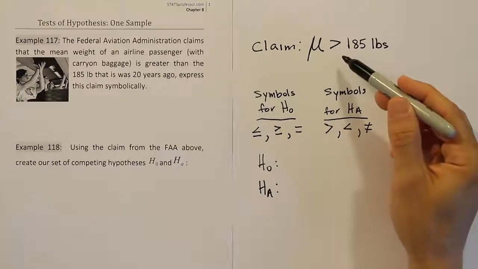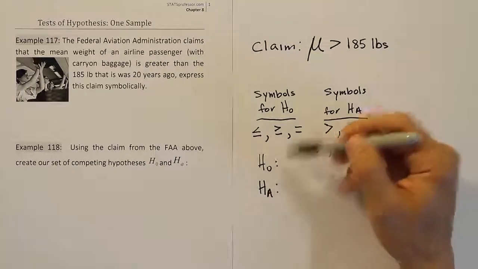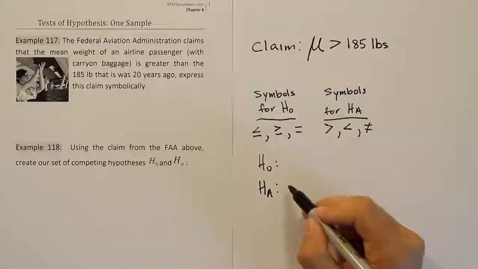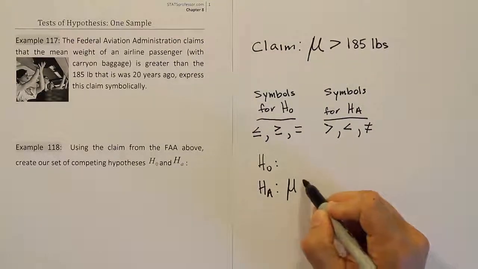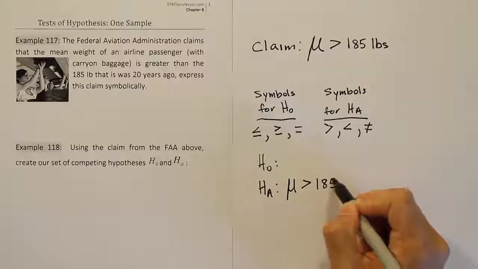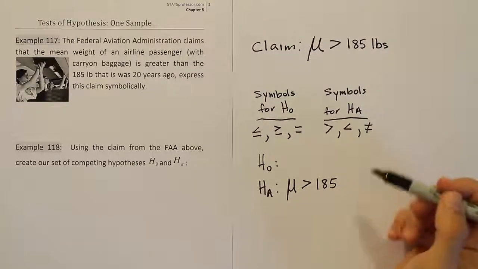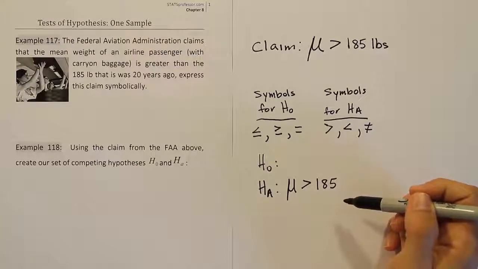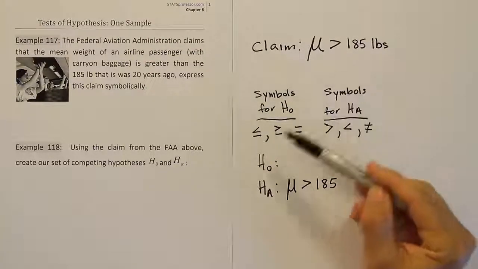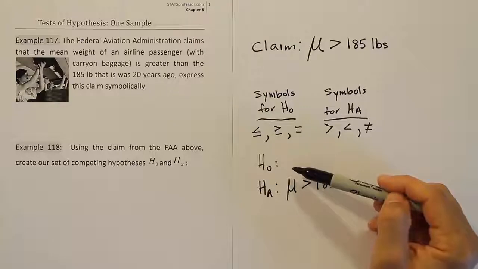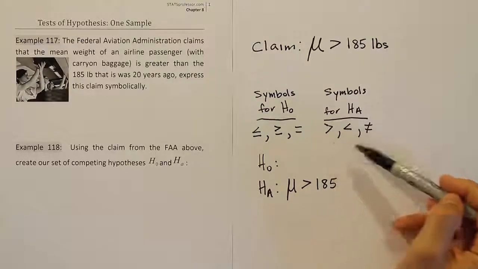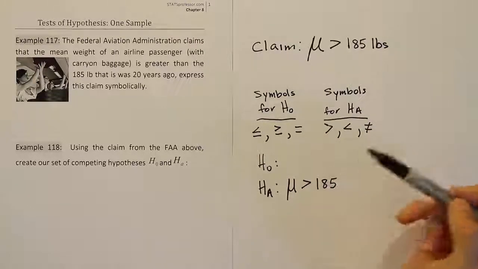So for this example, we're going to take HA to be the same as the claim. That means I just get to copy down what the claim has under HA, and that's going to be HA. Now this isn't true in every problem, but it is true in this one. So sometimes the claim will have one of these symbols and it'll be H0. In this particular problem, though, it is HA because it has a symbol that belongs to HA.